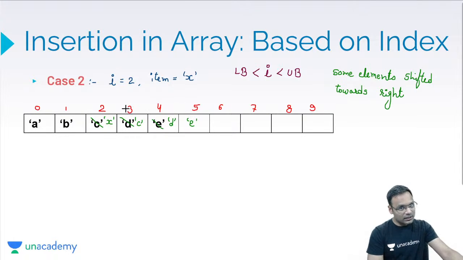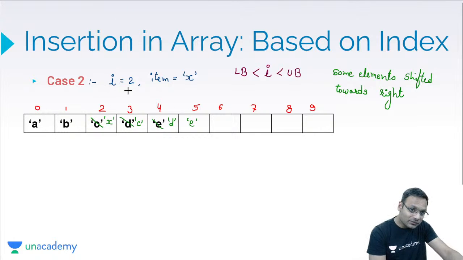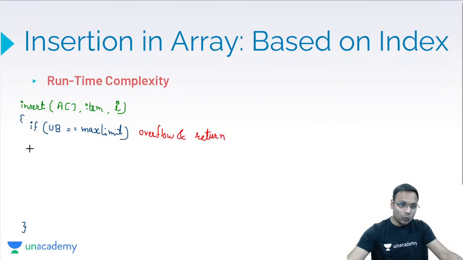Then next previous index element to this one. Then this index element to this one. From upper bound, I will have to start shifting the elements towards right, up to what position? Up to index I. So the algorithm is a for loop in index K that starts from upper bound and goes up to index I. K greater than or equal to I, till that time you keep going, K minus minus.